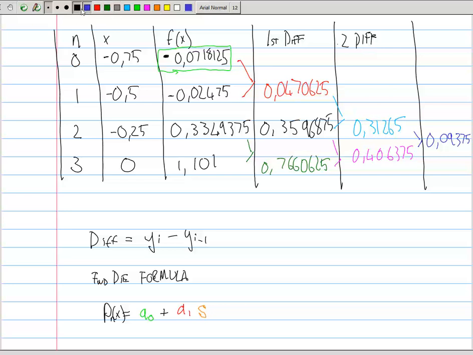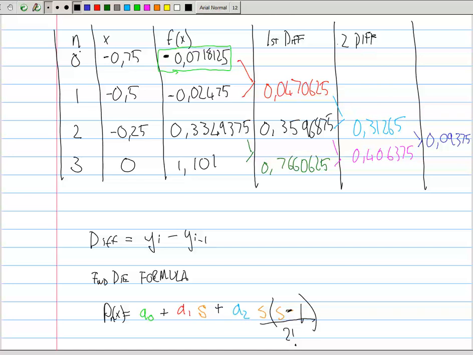But we've got s, and then plus, let's do our next term, which is going to be a2, multiplied by s, multiplied by s minus 1, and that is all going to be over 2 factorial.